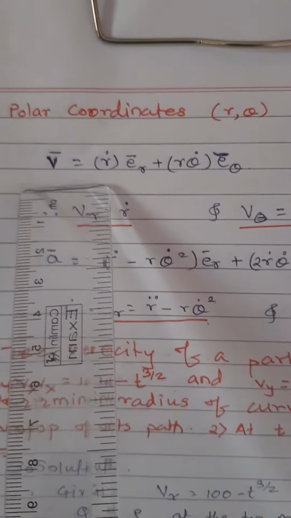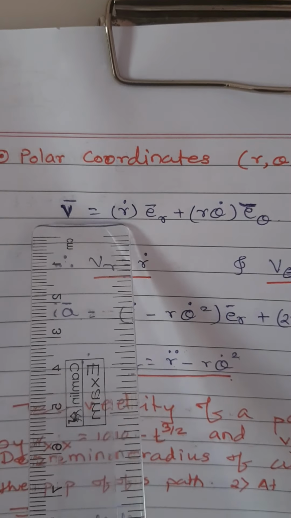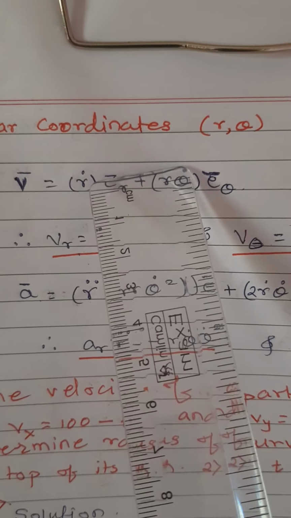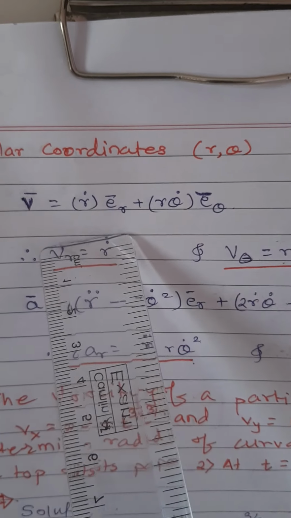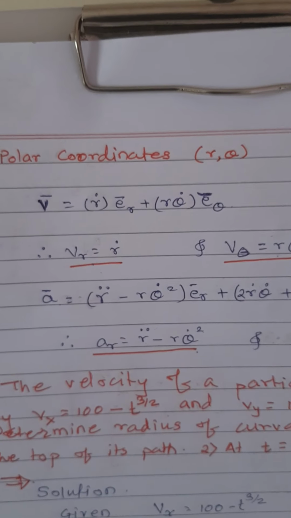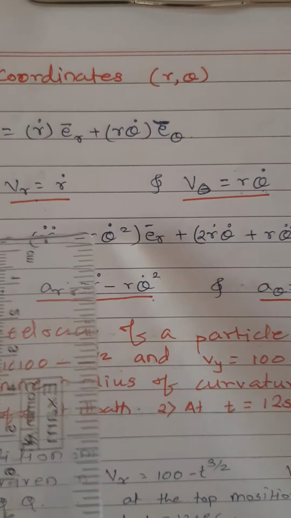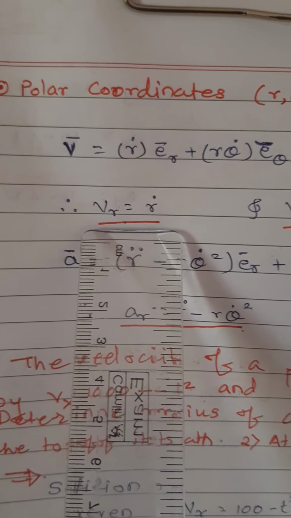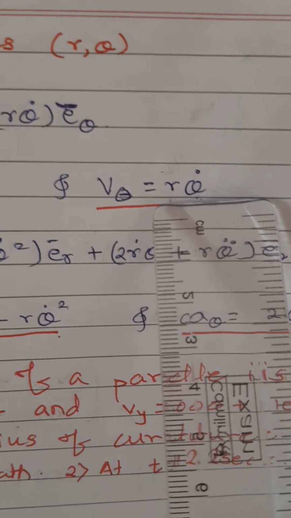Here the velocity vector V is written as r dot e_r plus r theta dot e_theta, where e_r and e_theta are the unit vectors along the radial and transverse directions. Therefore, the velocity along the radial direction is r dot and the velocity along the transverse direction is r theta dot.